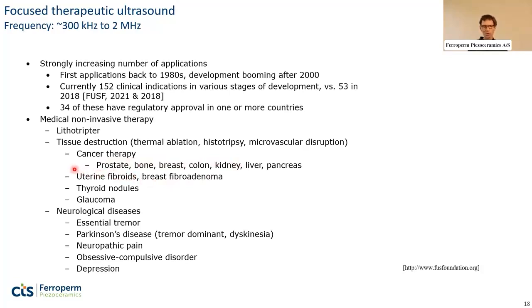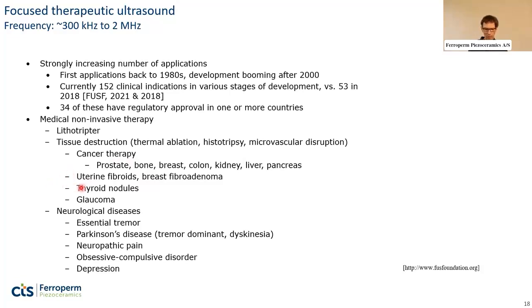Ultrasound can also be used to treat uterine fibroids and also breast fibroadenoma. So these are conditions that may be treated possibly by surgery, but could be treated in a much less invasive way by focused ultrasound.